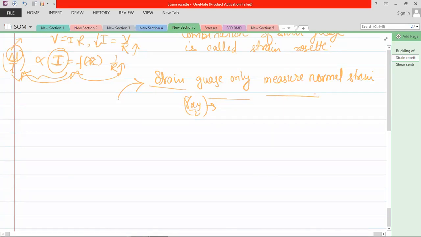So I'm going to tell you one formula. That is epsilon at any angle theta. What is the value?